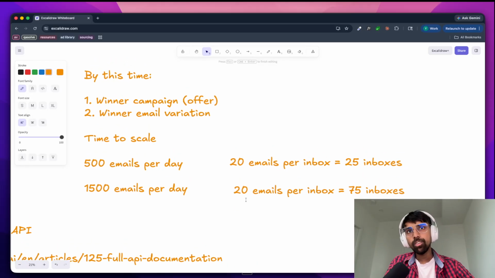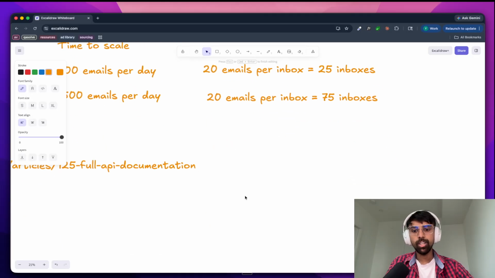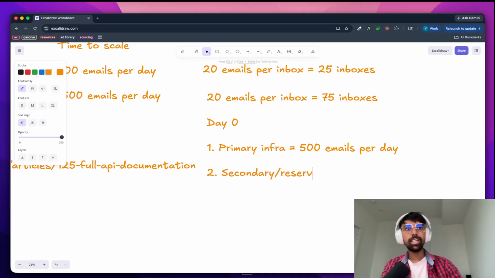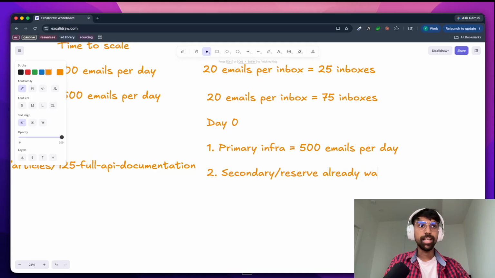So what you need to do is when you are on day zero, you have one primary infrastructure that you'll be sending those 500 emails per day, right? And you'll have a secondary or reserve infrastructure already warming up in the background.